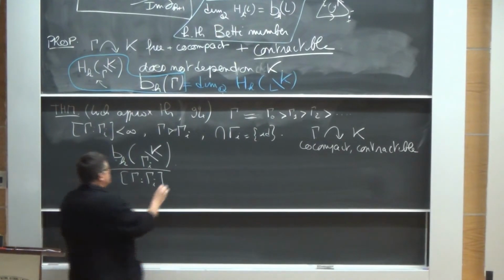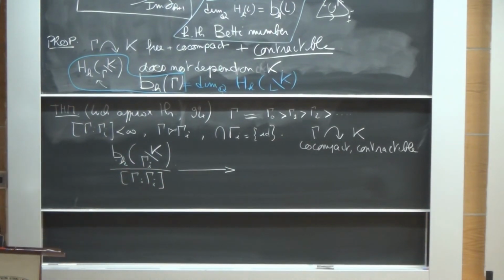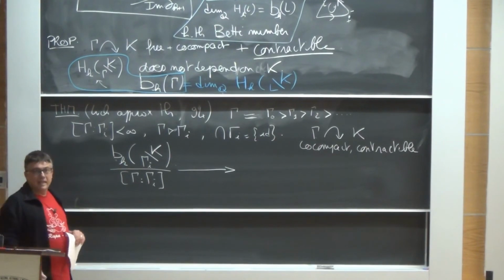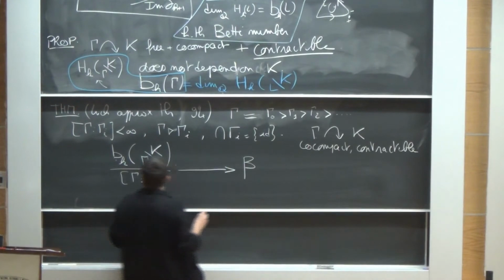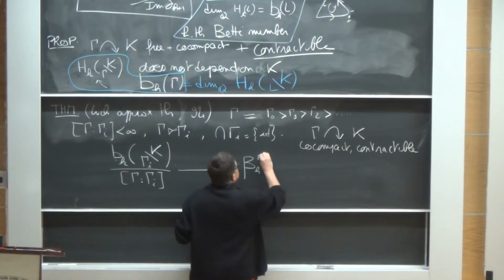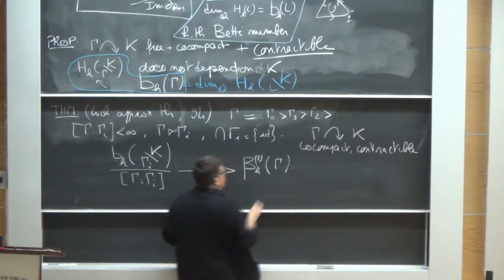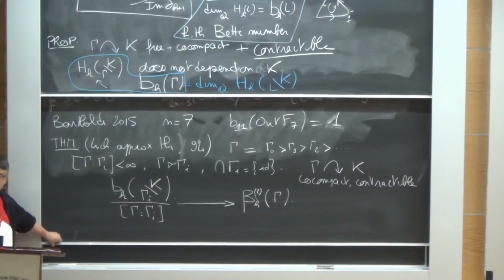And the claim is that this sequence converges, and the limit is identified. It's the L2 Betti number of the group.